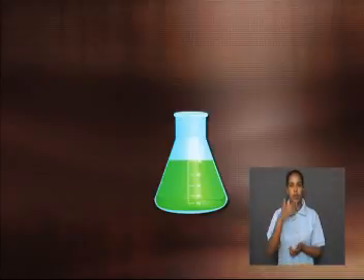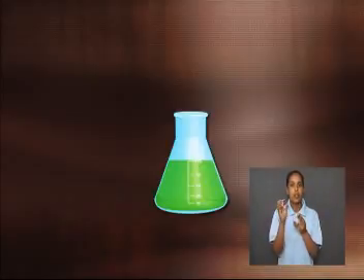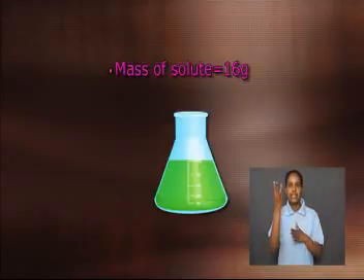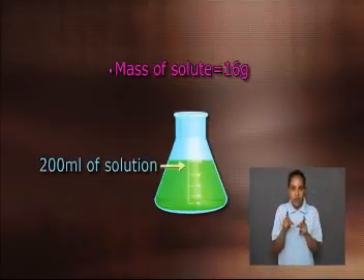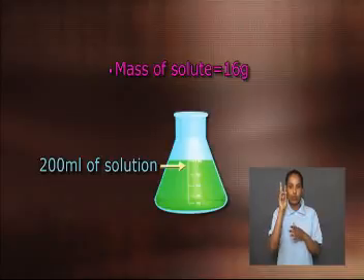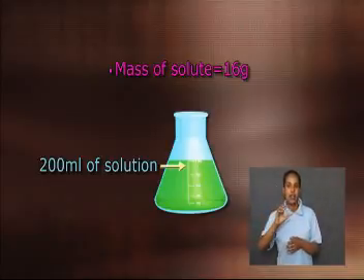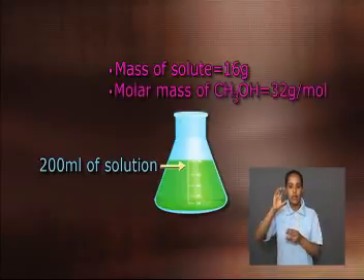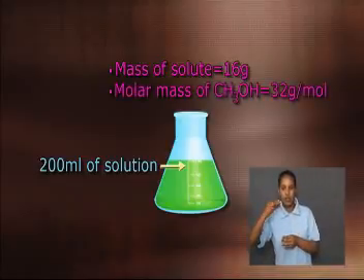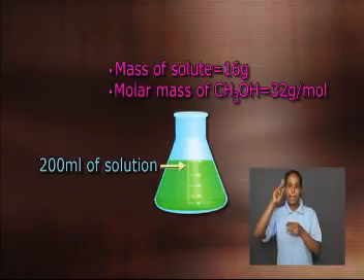We know that the mass of the solute is 16 grams. We also know that the volume of the solution is 200 milliliters, and that the molar mass of methanol is 32 grams per mole.